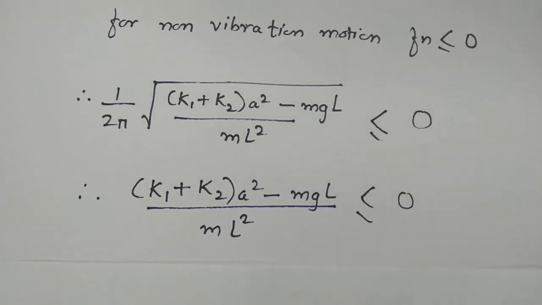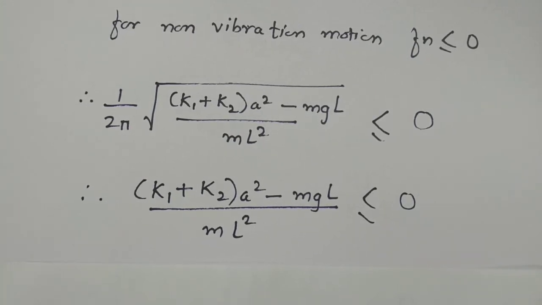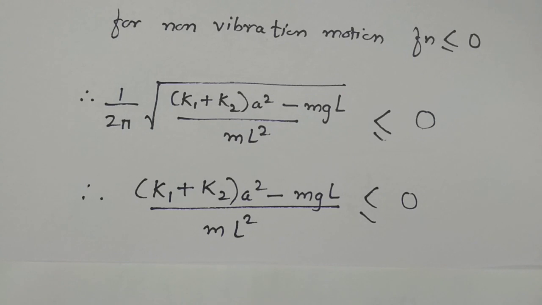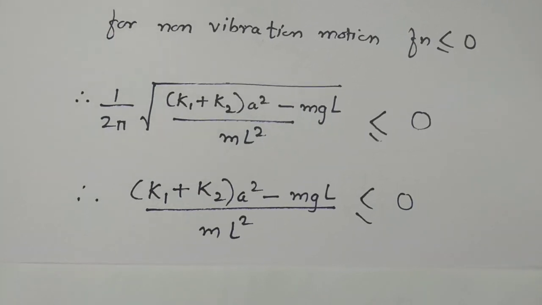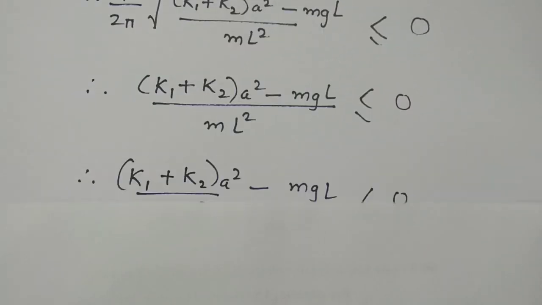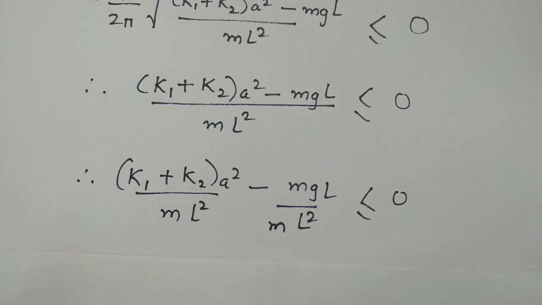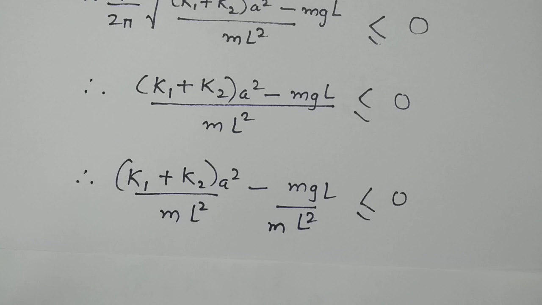So by multiplying by 2 pi and squaring, we get ((k1 plus k2) a square minus mgL) divided by mL square, which is less than or equal to 0. Again rearranging, this will get cancelled and this L will get cancelled.